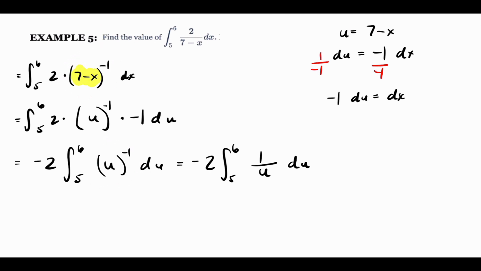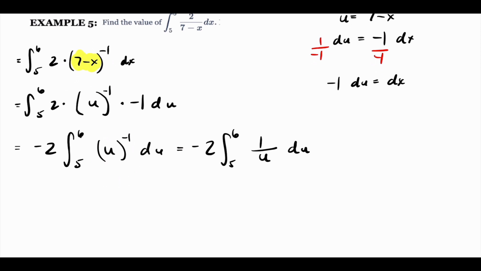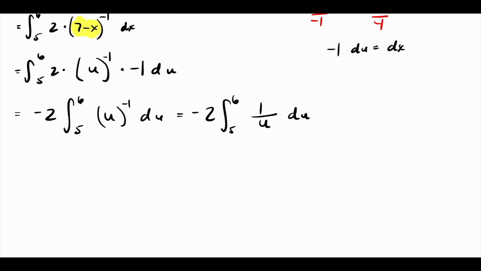A lot of students get to that point and then they do the power rule and wonder, what do I do? That means you're going to have to use natural log. The antiderivative of 1 over u is the natural log, just like the derivative of the natural log of x is 1 over x. So -2 times the natural log of u, evaluated from 6 to 5.